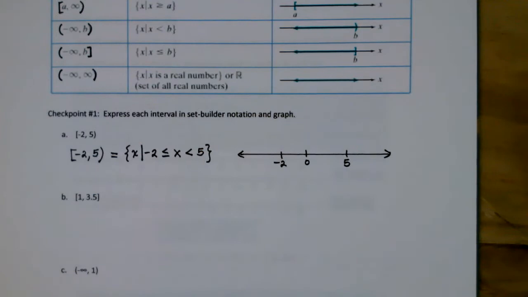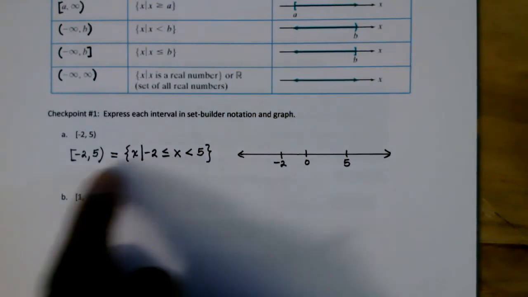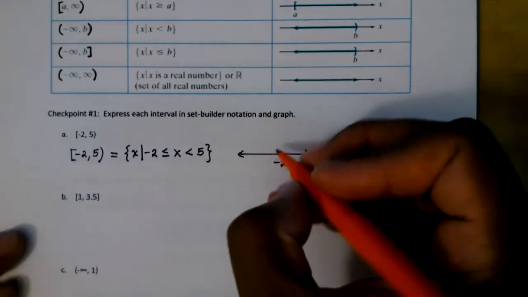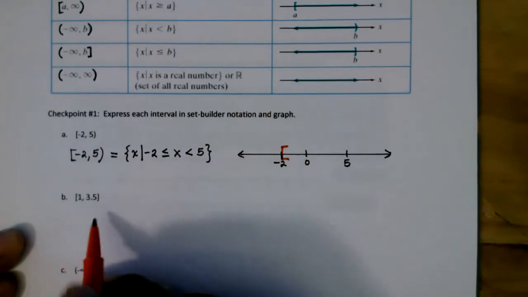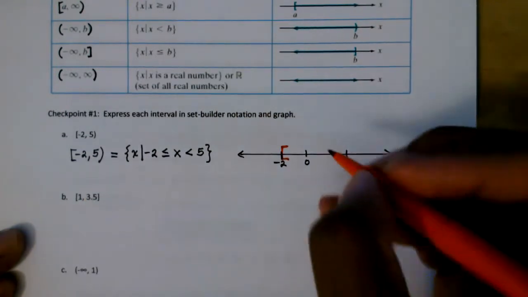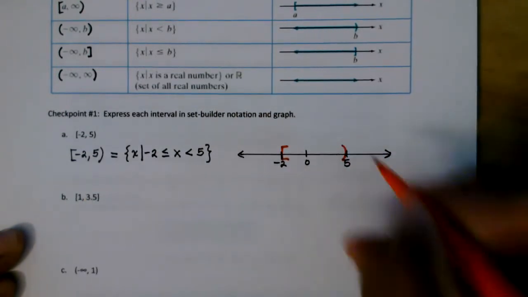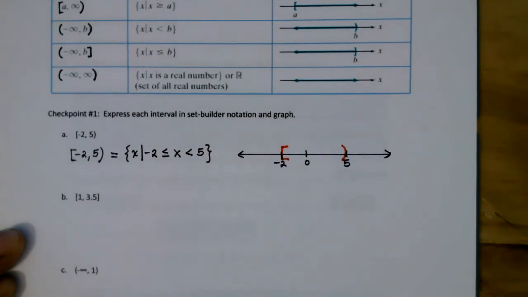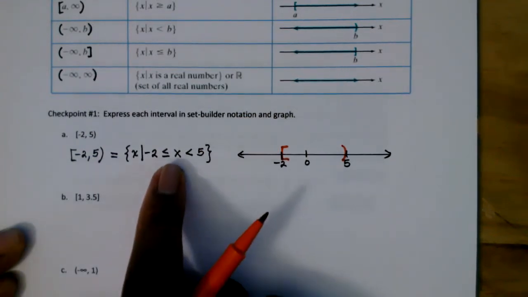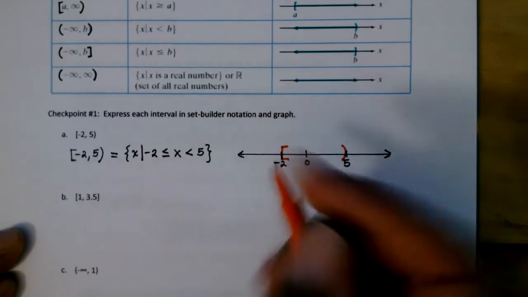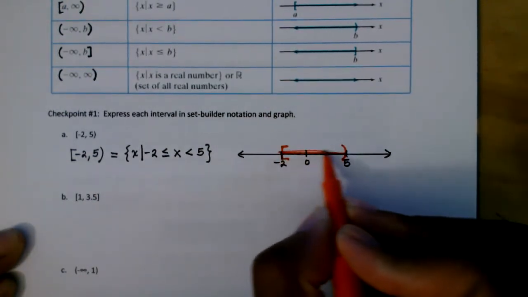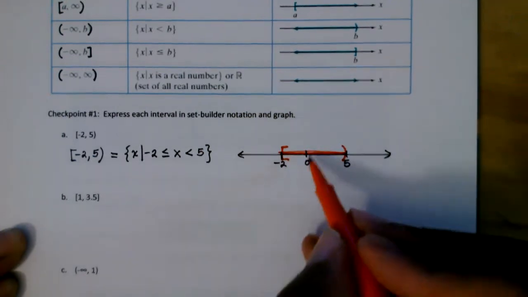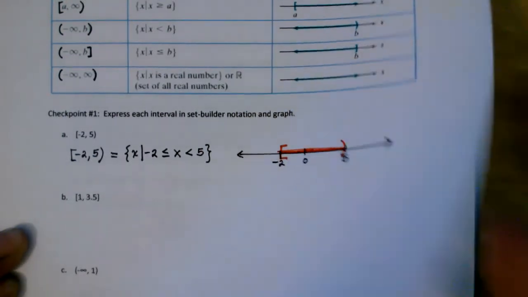So in this case, -2 is included because of the less than or equal to, and because of the bracket that you see there. I will put a left bracket at -2. 5 is not included, so I'm going to use a right parentheses at 5. And to indicate that all of my x values are in between -2 and 5, I'm going to shade in between.